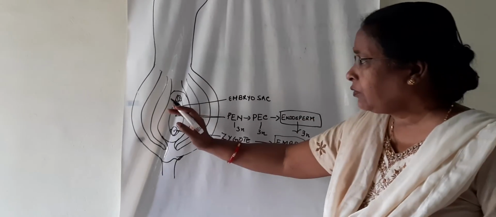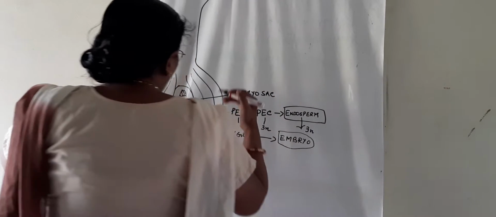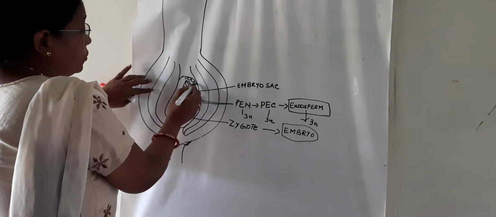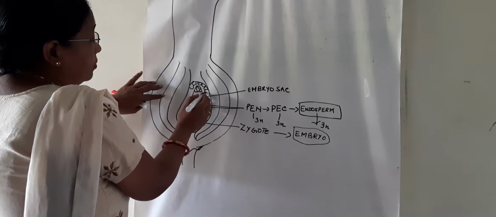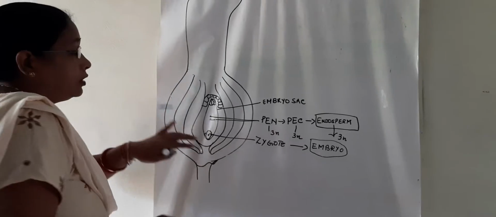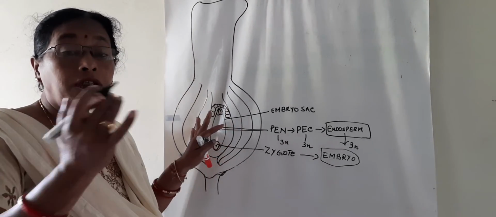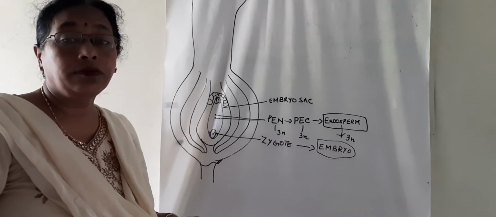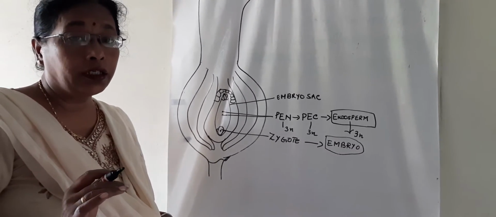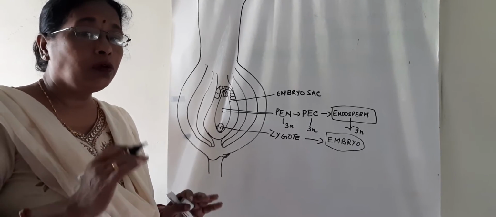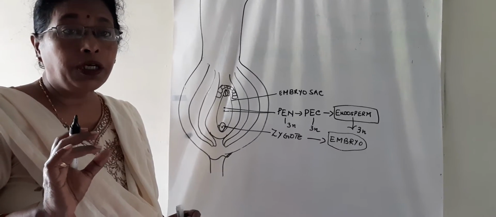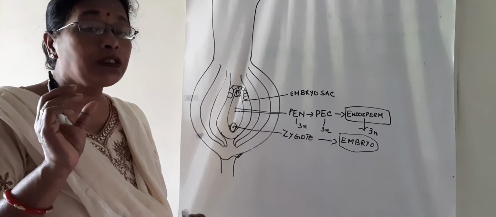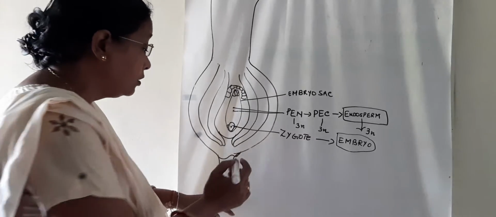The nucellus that was present here during all this development, the nucellus, that is the nutritive portion, has been used up by the embryo, the zygote and the polar nuclei. In the majority of the cases, the whole of the nucellus is used, but in some cases, some of the nucellus is left, that is, persistent nucellus is left.